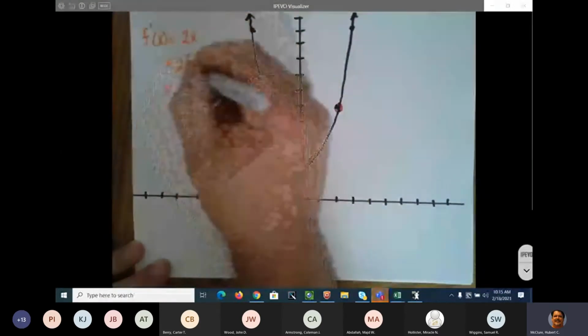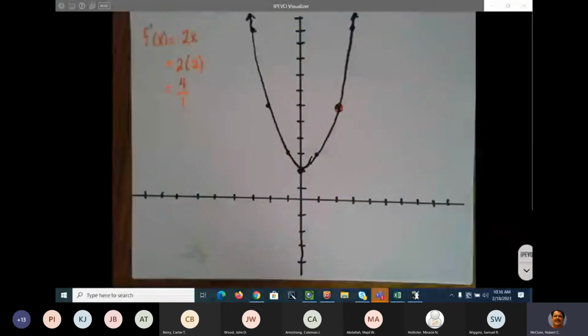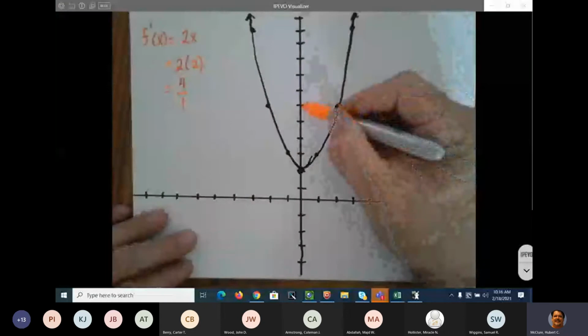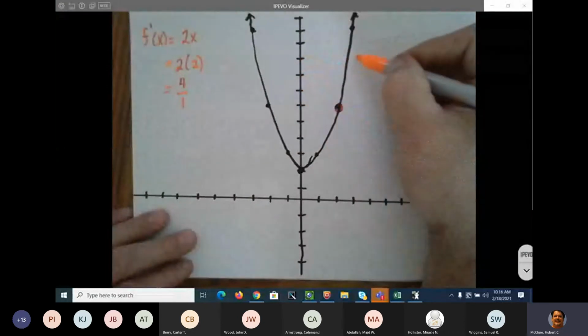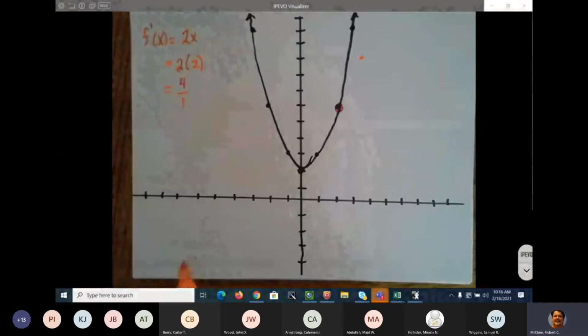So the slope of my line at that point is 4 over 1. So that means 4 up, 1, 2, 3, 4, and 1 over. And that is my tangent line.